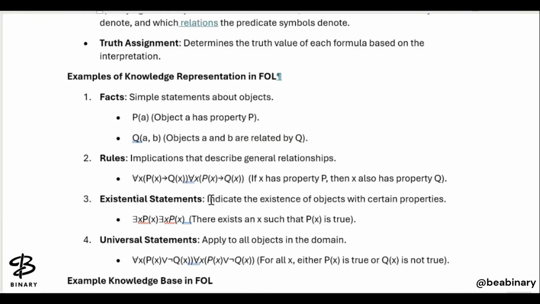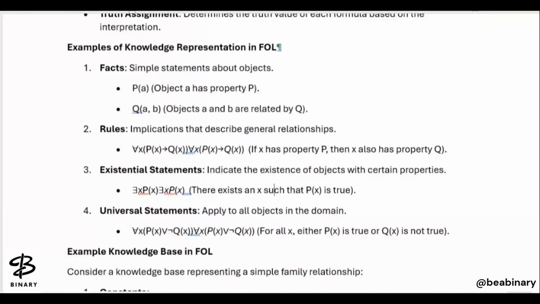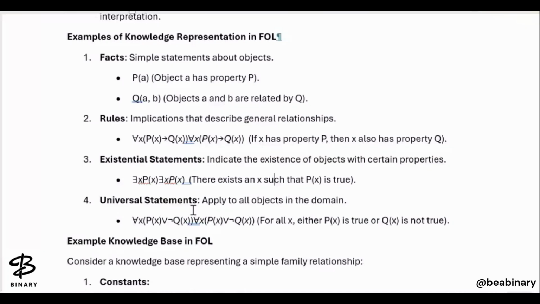Now, an existential statement indicates the existence of objects with certain properties. Here we can say that there exists an X such that P(X) is true, so object X has a property P, right? Then the universal statements: here we are using the universal quantifier, applied to all the objects in a domain.